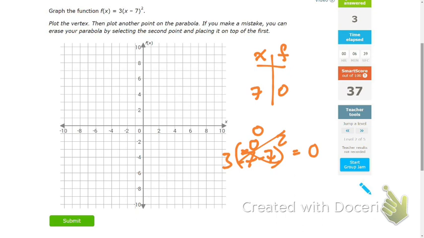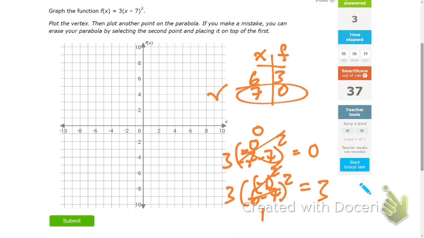Okay, the next thing that you're going to want to do is find 1 point next to the vertex. So I'm going to go down this time. I'm going to pick a 6. And so it says 3, 6 minus 7, because I picked 6. And 6 minus 7 is negative 1. And then negative 1 squared is positive 1. 3 times 1 is 3. And so I get 3. And I just need 2 points to graph it, as long as one of them is my vertex.